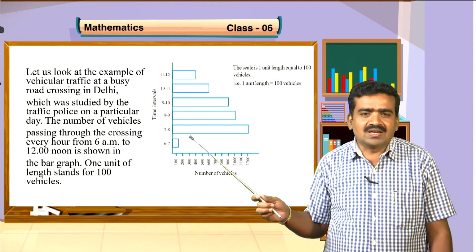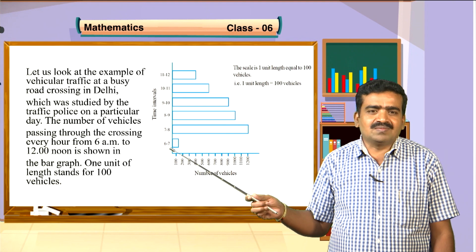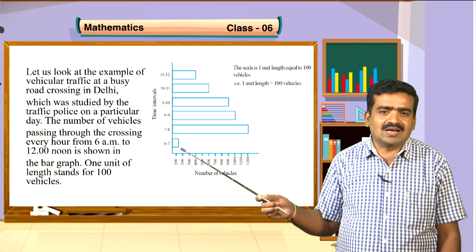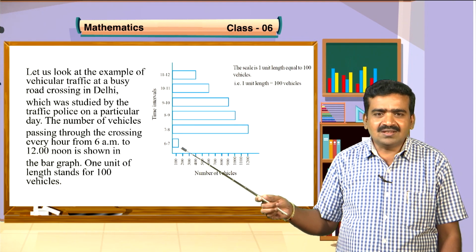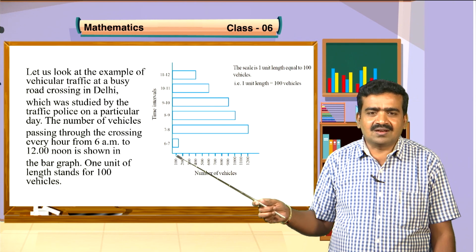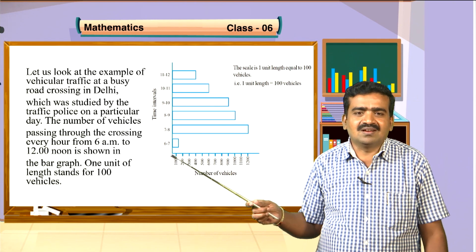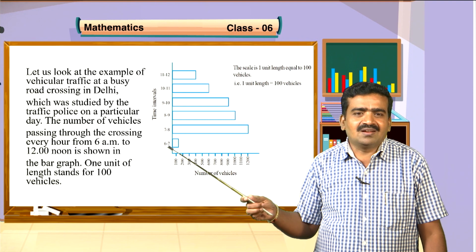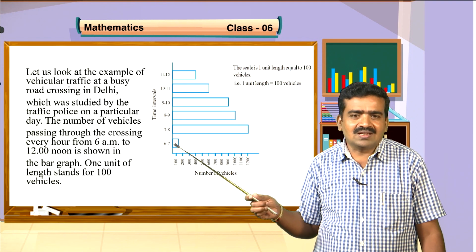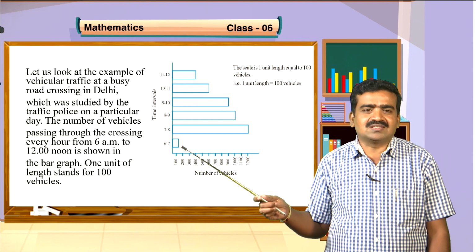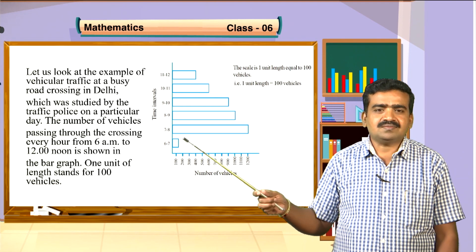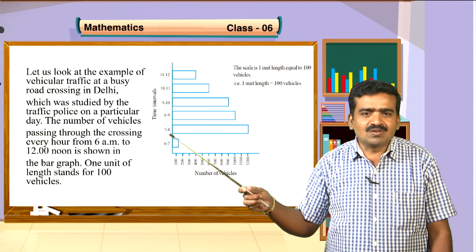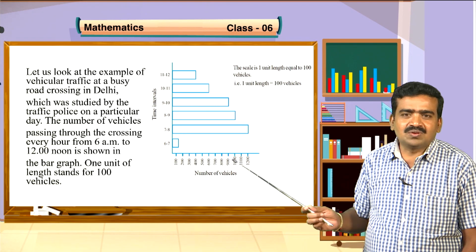They found that from 6 to 7 o'clock there are 100 vehicles. Here each equal width or space represents 100. From 7 to 8 o'clock there are 1200 vehicles.